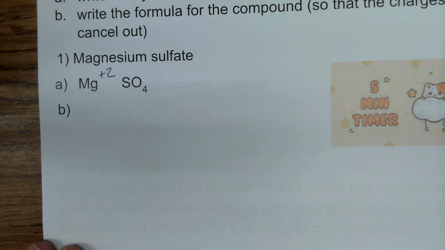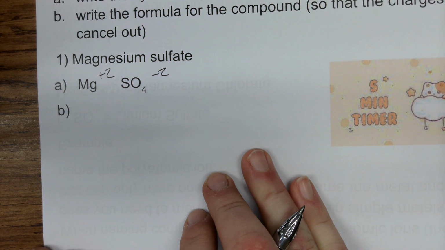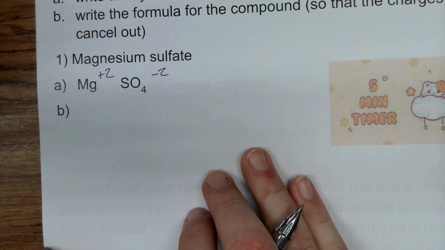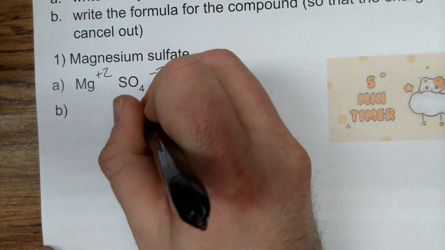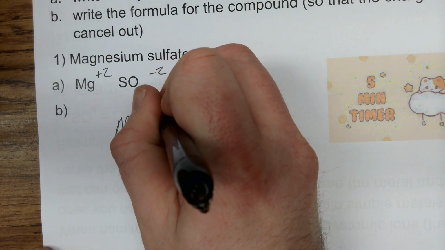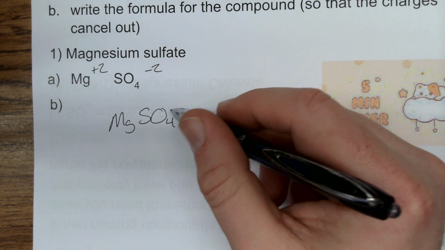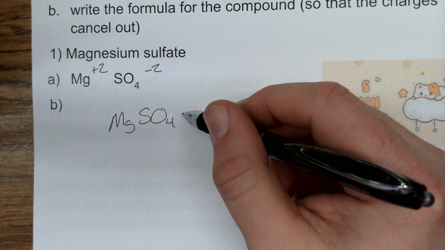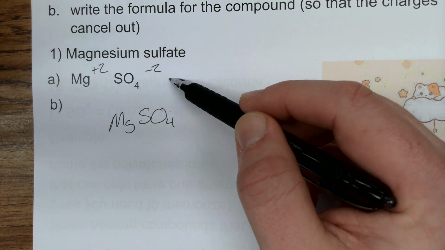Is it -1? -2? -2. So what's my formula going to be then? Mg, no parentheses, SO4. Remember, I only use the parentheses if I have multiple sulfates. Here I only have 1 magnesium ion, I have 1 sulfate ion.